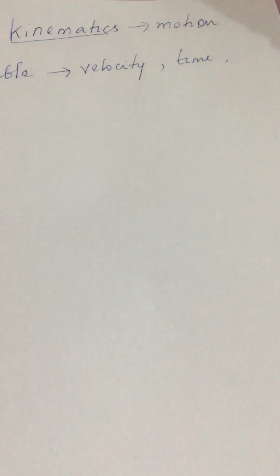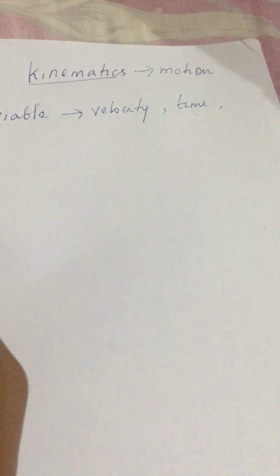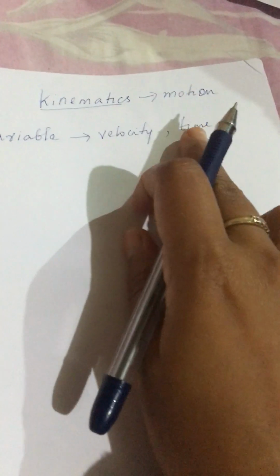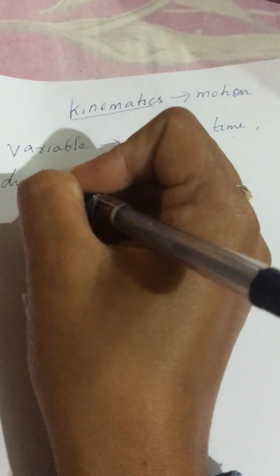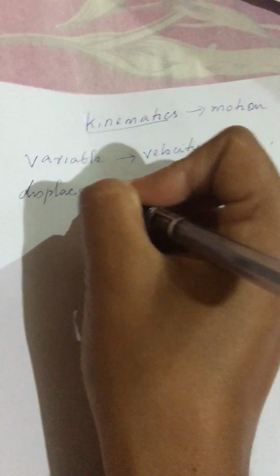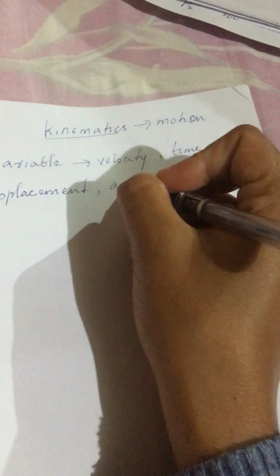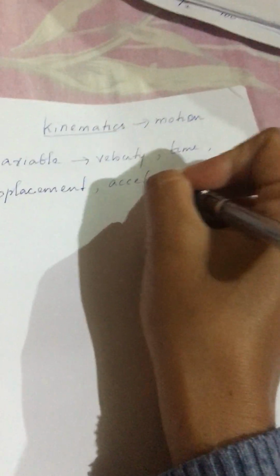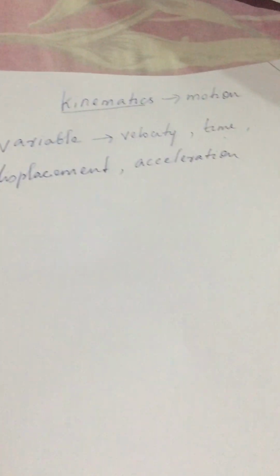Sometimes the speed will change and the distance will change. So basically the variables involved are velocity, time, displacement. Everything I'm writing in the form of vectors, so I'm choosing displacement, I'm choosing velocity. And sometimes the velocity changes, most of the time it changes, and that is acceleration, right?